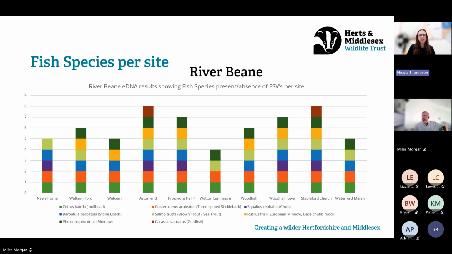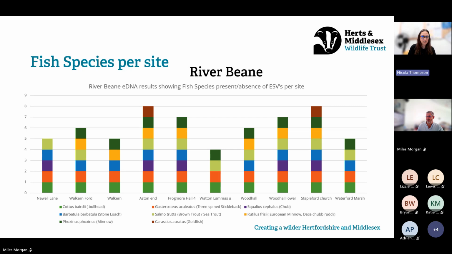Then I looked at species of fish at each site. So again, we're going from left to right, we're going downstream. I looked at the species of fish present, and as you can see, it changes a bit. We do have goldfish, and I did check that with the EA. Apparently there are goldfish there, although I thought that was a mistake in our results.